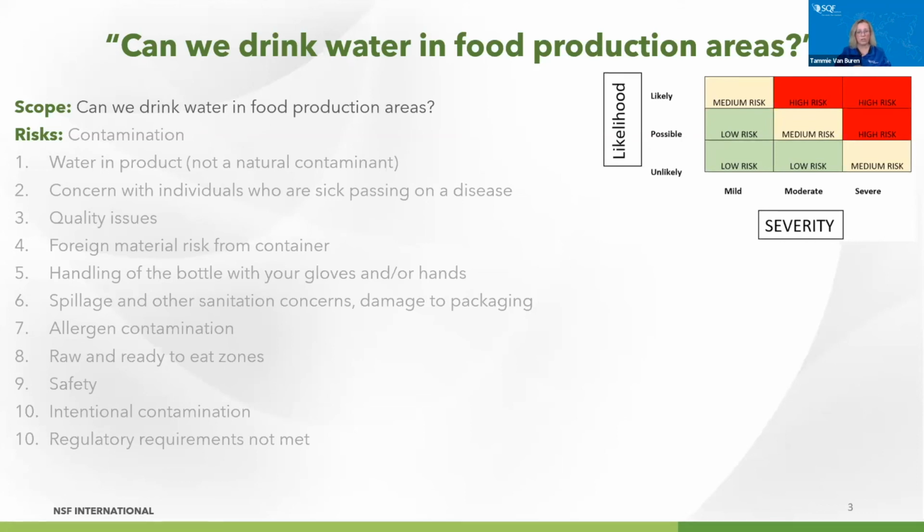Quality issues are also a concern. Foreign material risk from the container: does the container have a top on it that could come off, or pieces that could chip off? Also, you're going to be handling the bottle with your gloves on, or with your hands. Are you going to contaminate your gloves or your hands that would then in turn contaminate the product?